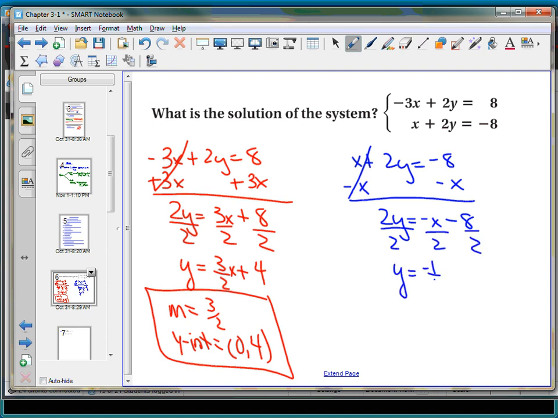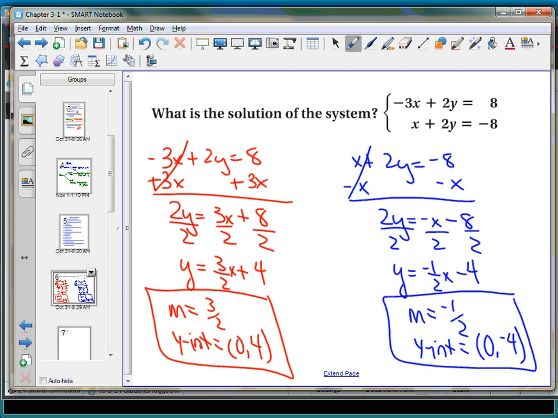Y is equal to negative 1/2 x minus 4. What's my slope? Negative 1 over 2. What's my y-intercept? 0, negative 4. Box it in.